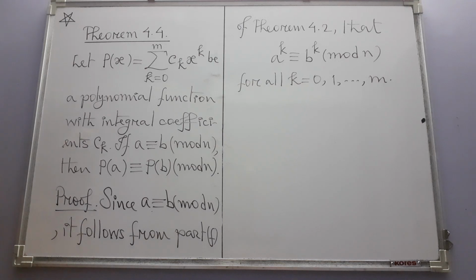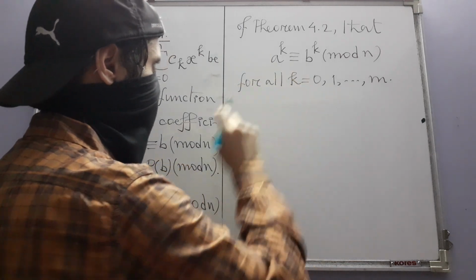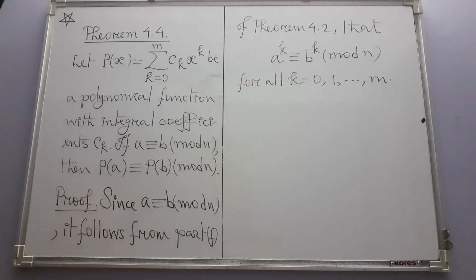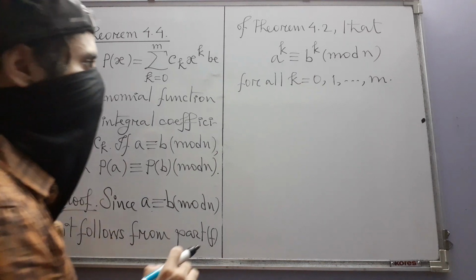And then you can multiply both sides of this congruence by c_k. That also follows from one of the parts.